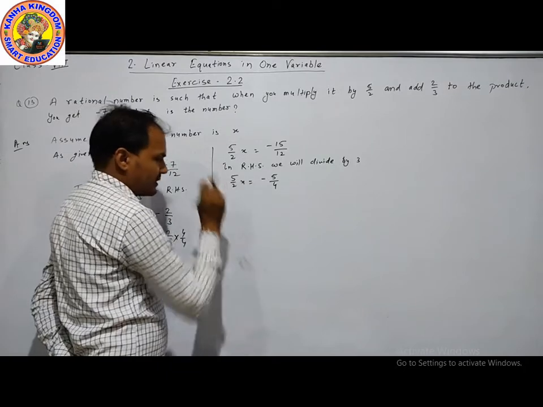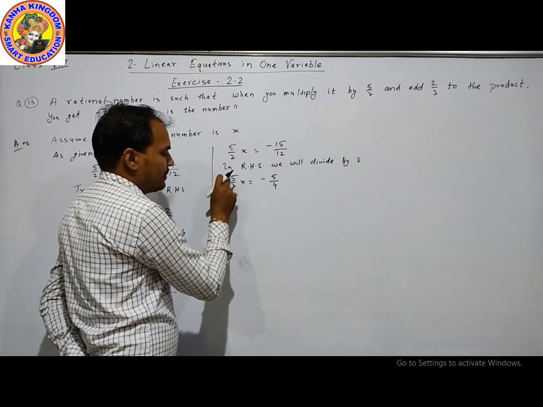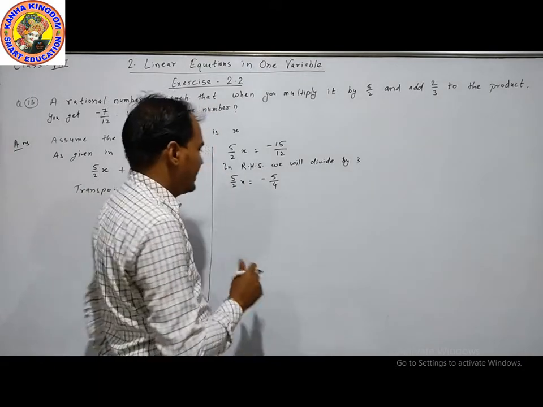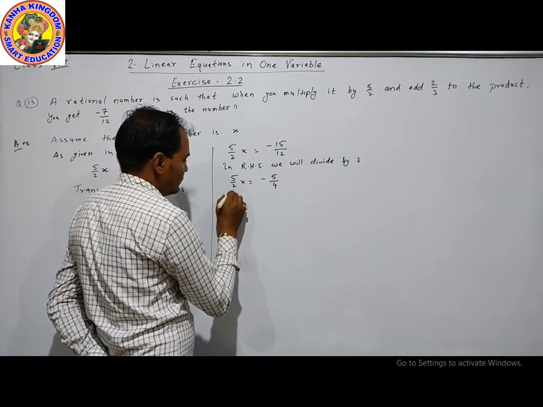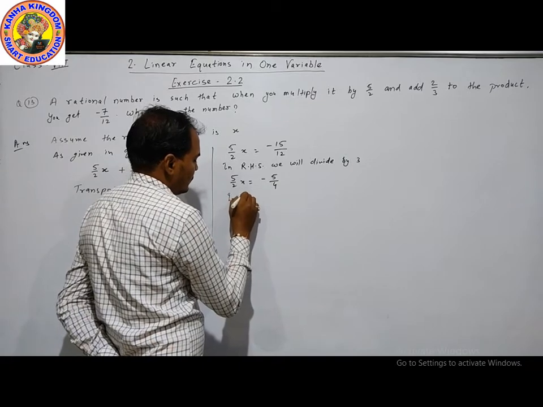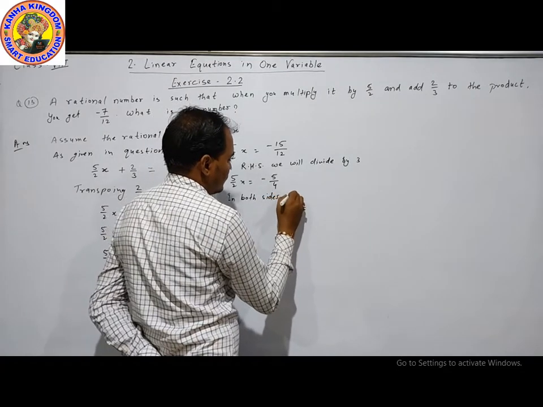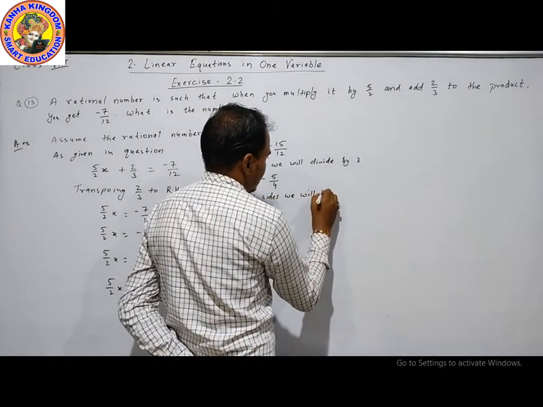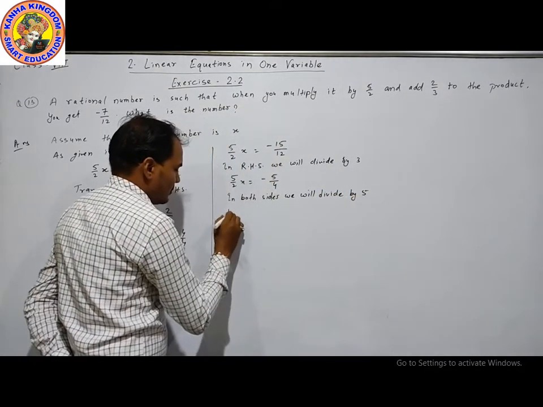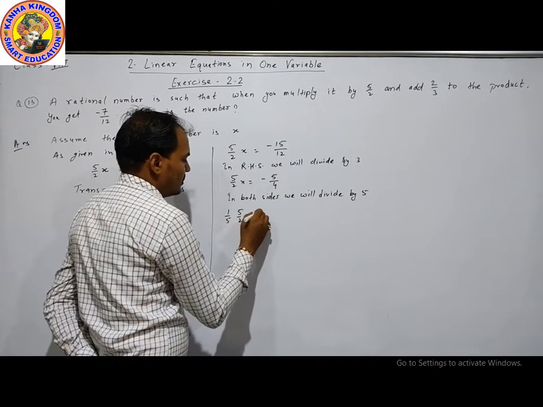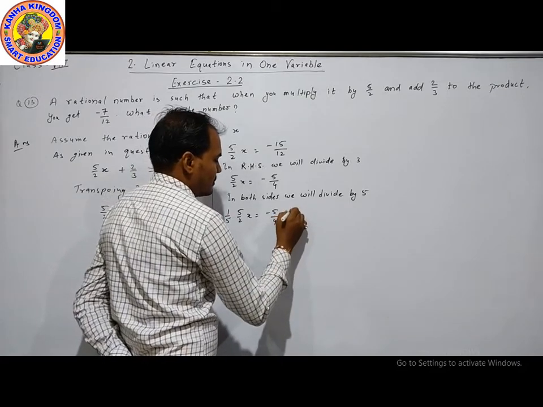For finding the value of x, we have to remove 5 by 2. 5 is a multiplier, so we will divide by 5 in both sides. 5 by 2x and minus 5 by 4, divided by 5 means 1 by 5.